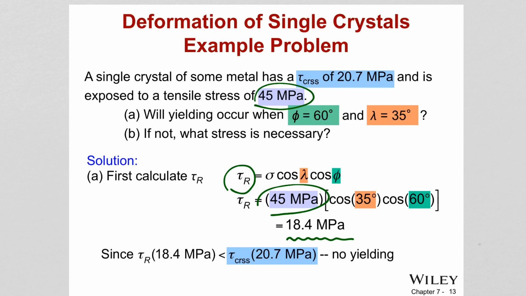Okay, but the resolved shear stress we have is lower than the critical resolved shear stress, because the dislocation motion, or the yielding, happens when we reach that critical resolved shear stress. If our value is under that and we couldn't reach that stress level, the dislocation will not move, so no yielding.